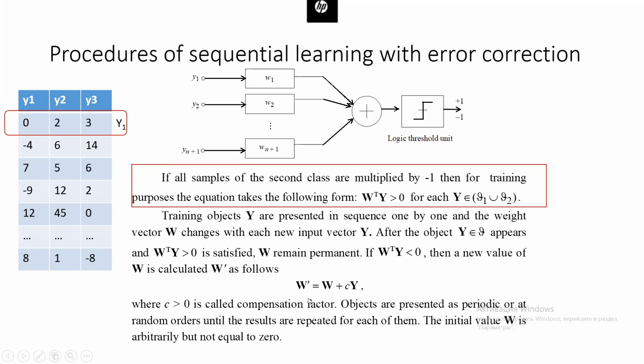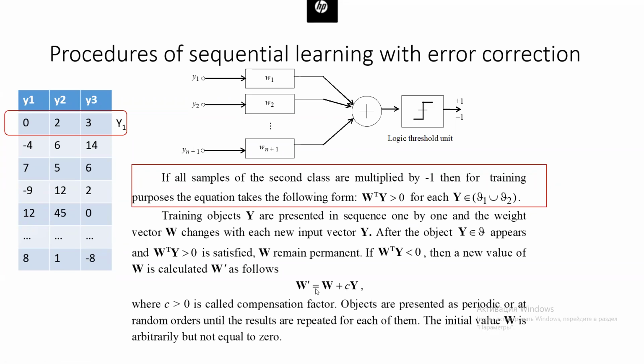Our updated vector will be calculated as our previous vector plus some correction c multiplied by the object, where c is a compensation factor, an ordinary coefficient number. Objects are presented periodically or in random order, until the results are repeated for each of them. If you have 10 objects, you do it 10 times.